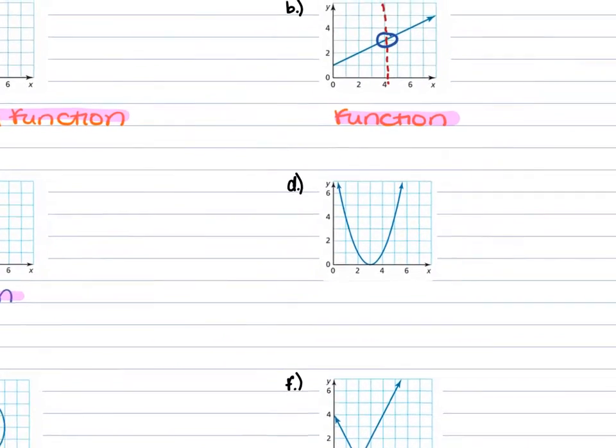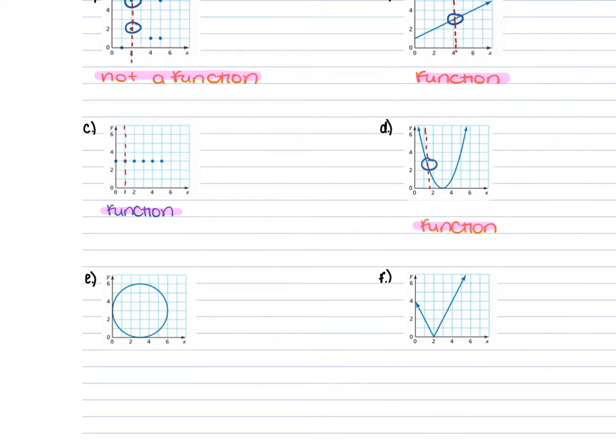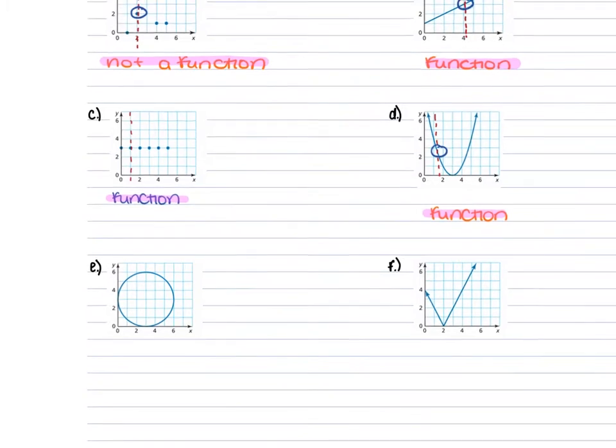For example D, again, we can just draw that vertical line anywhere on that graph. It only intersects once, so this is a function as well. For E, we have this circle on this graph.